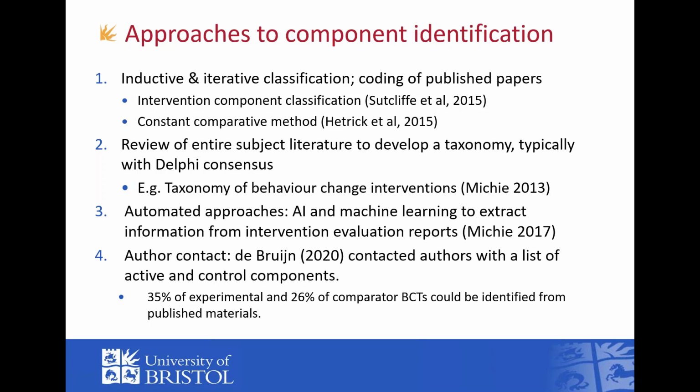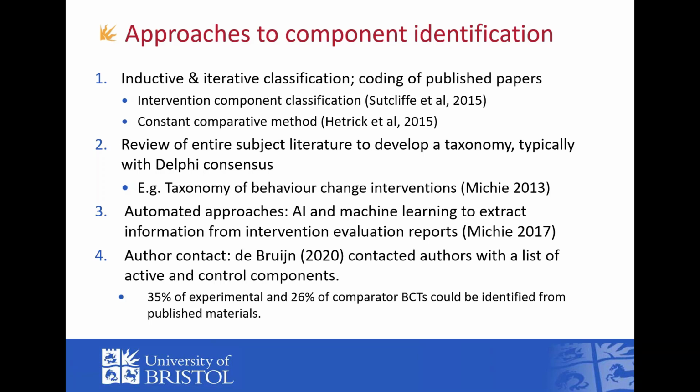But what those first three approaches have in common, to a lesser or greater extent, is that they are relying on the published literature and on authors having reported accurately and entirely what materials, resources, processes, etc. were implemented. And this last approach by De Bruyne and colleagues suggests that relying on that published literature is probably problematic. The published literature is likely to be a poor source when we are identifying components.